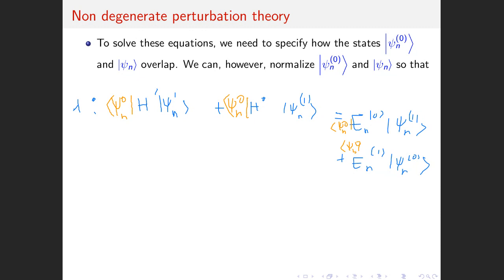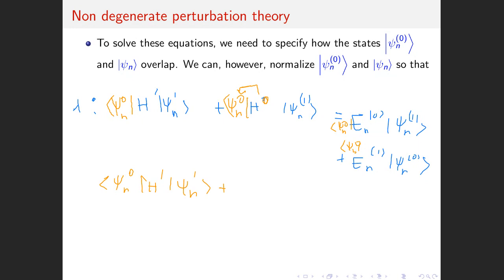H0 is Hermitian, so then it will act there. Now H′ is just some complicated operator in general. We don't know how to act on the unperturbed eigenstates, and we don't know how it will act on the correction, so we will just write it as it is, ⟨ψn0|H′|ψn0⟩.